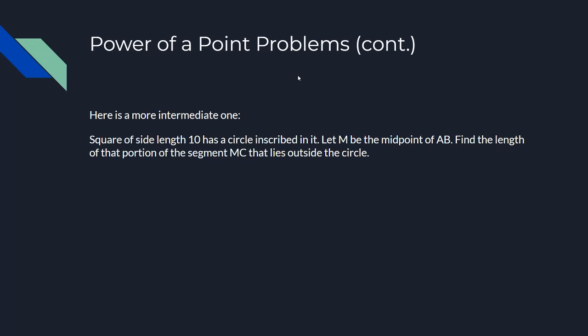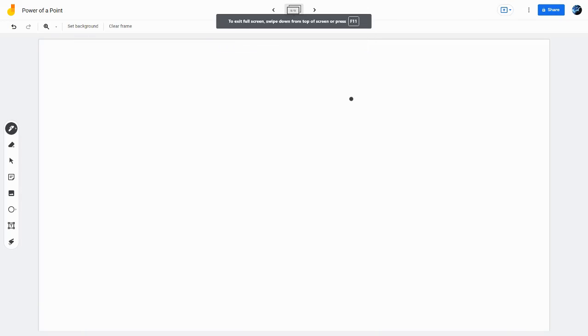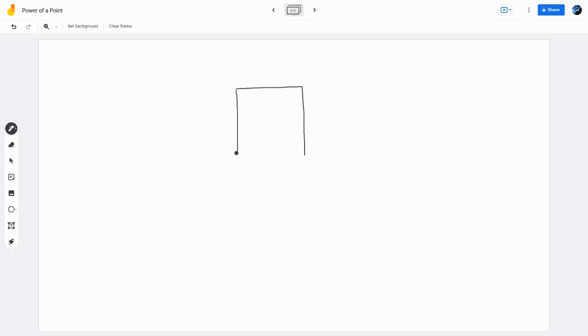Okay, so we have some square of side length 10, and it's got some circle inscribed in it, so it's going to be A, B, C, D. Should have specified that M is here, right?